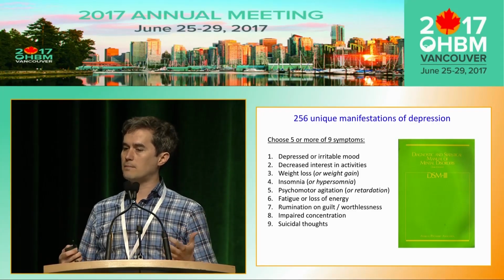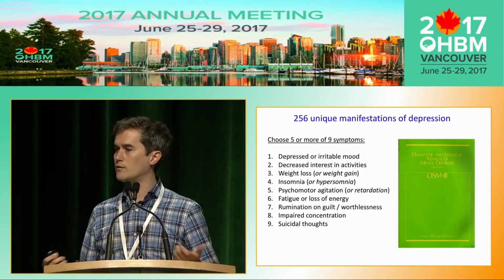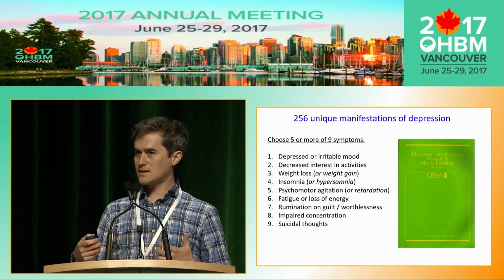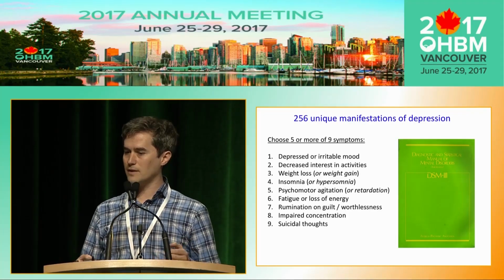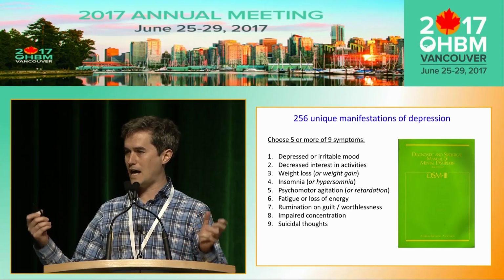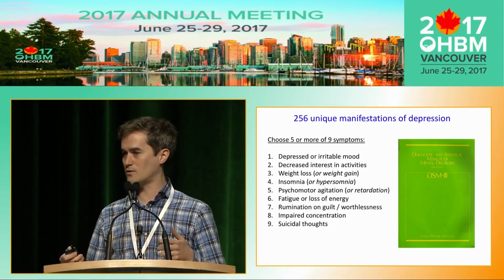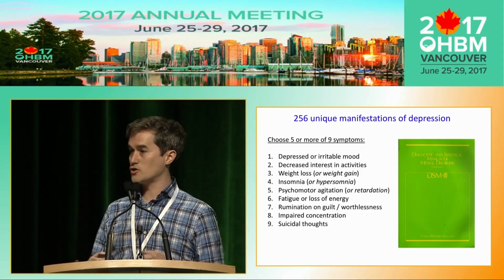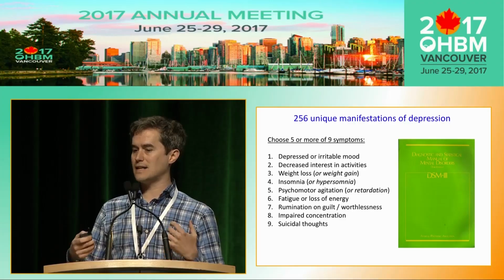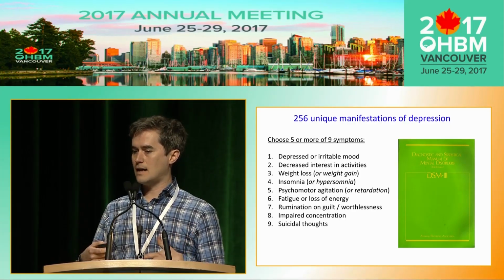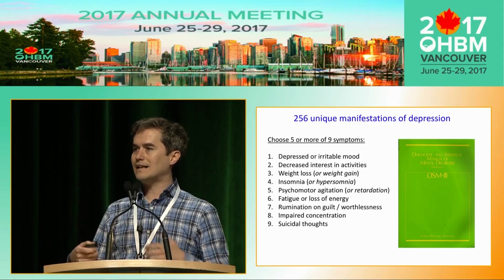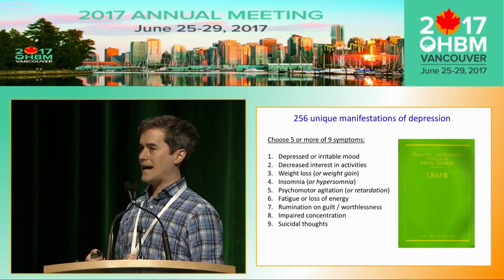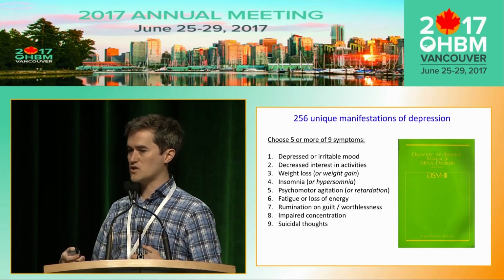DSM diagnoses depression when a patient presents with 5 or more of these 9 symptoms, meaning there's at least 256 ways you can meet these criteria, and that's not even accounting for the fact that some of the criteria contain opposites of themselves, like you can have weight loss or weight gain, you can be sleeping a lot or sleeping too little, you can be physically agitated or slowed, and no one really thinks that someone with weight loss, insomnia, and psychomotor agitation is likely to be suffering from the exact same biological problem as someone with weight gain, sleeping 18 hours a day, can't get out of bed, and is really slowed.